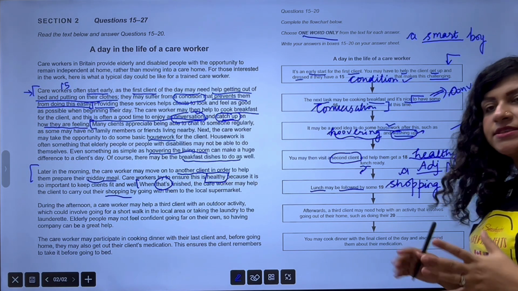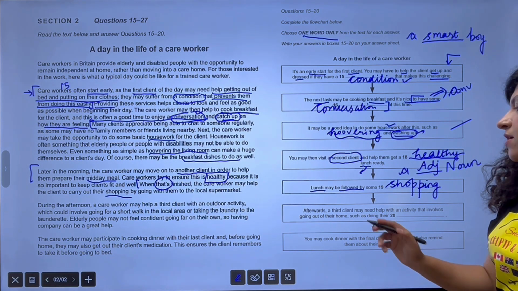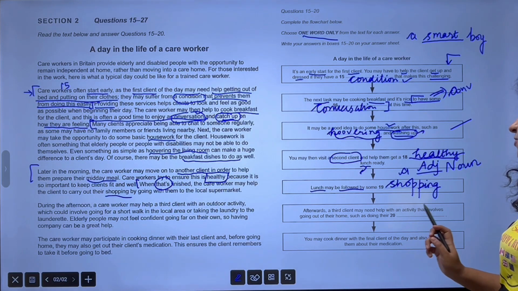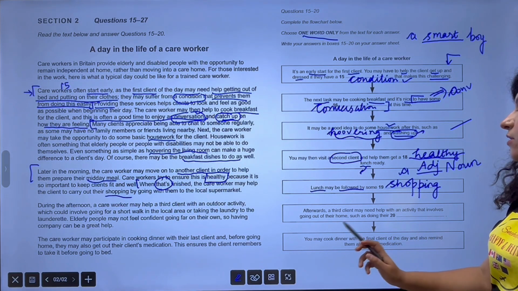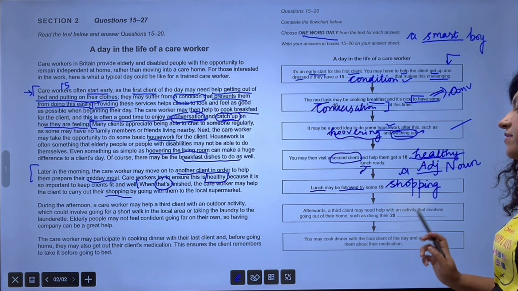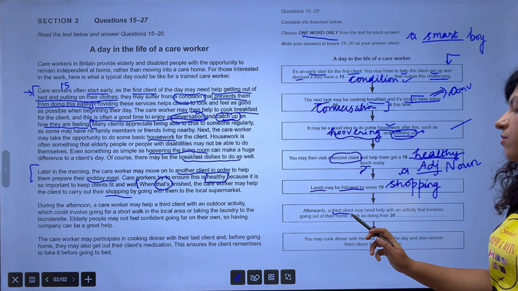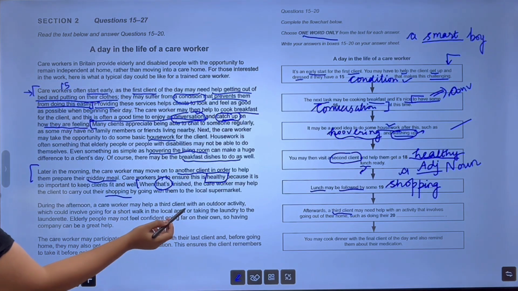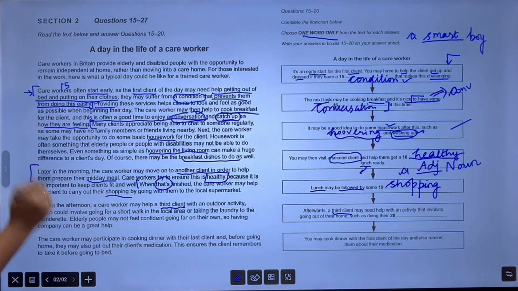After that, there is this sentence which says, afterwards, a third client may need help with an activity that involves going out of their home, such as doing their dash. So now we are talking about the third client. You scan for the keywords, it's written over here, right? So we have the information.